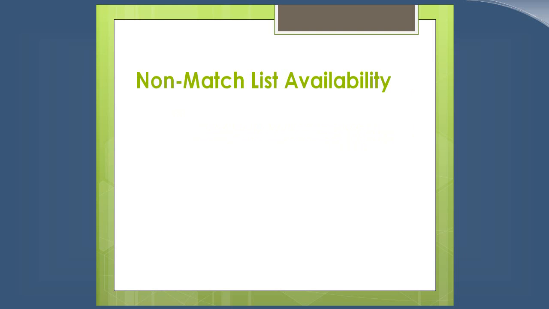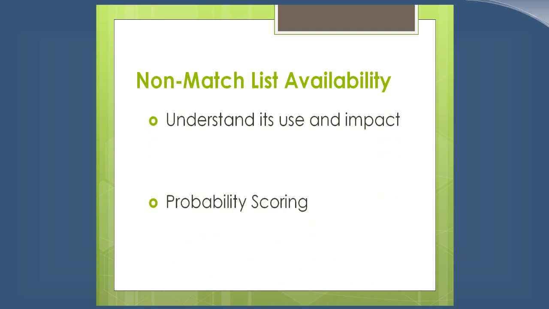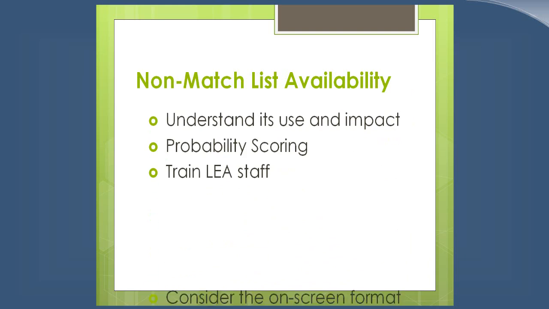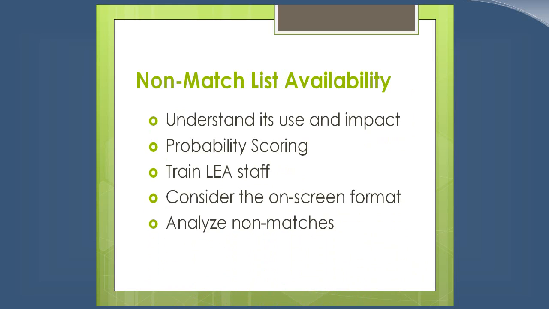Next, we're going to talk about non-match list availability. We found that a lot of states are not currently having their LEAs work non-match lists or may not be providing a non-match list. Depending on the strictness of your algorithm, this can be very important. We know, if we talk about direct cert rate, that it is virtually impossible to get to that 95% benchmark without working a non-match list.